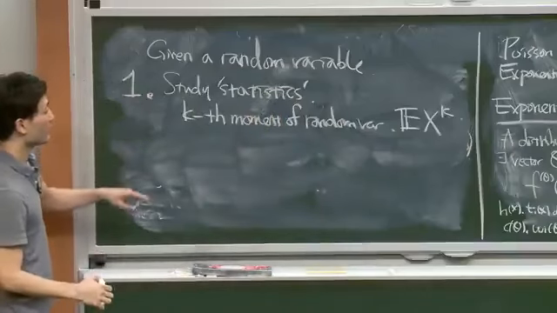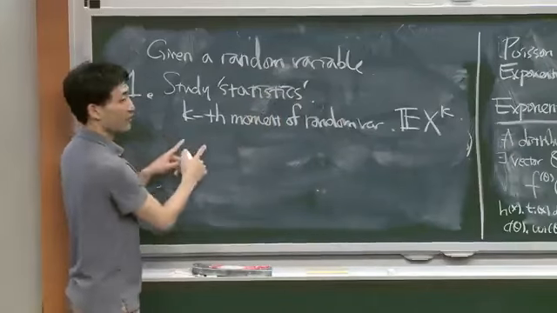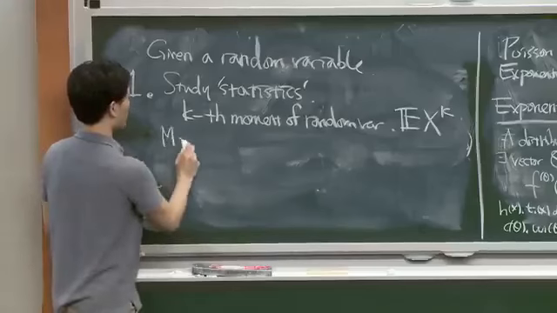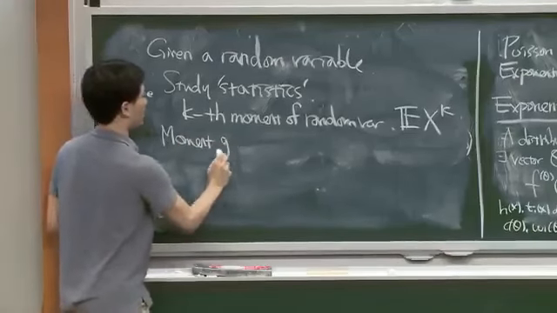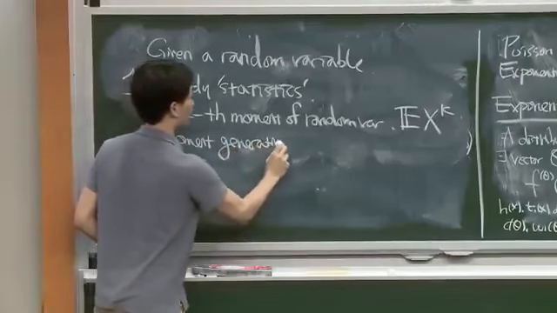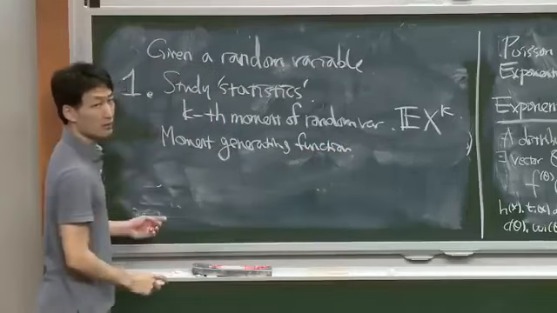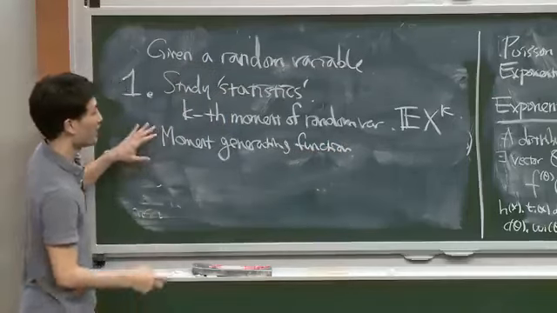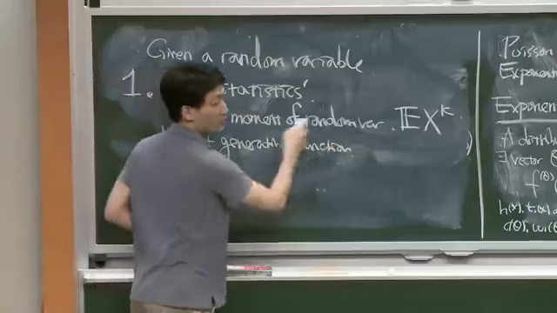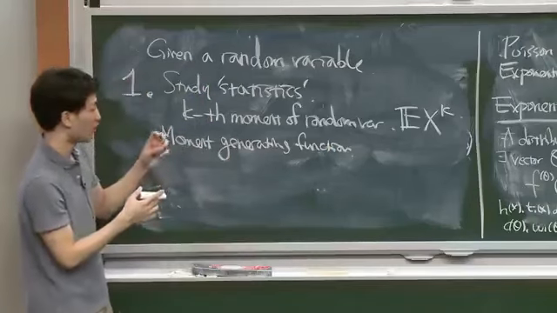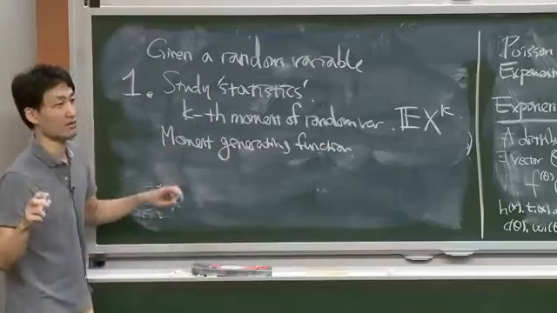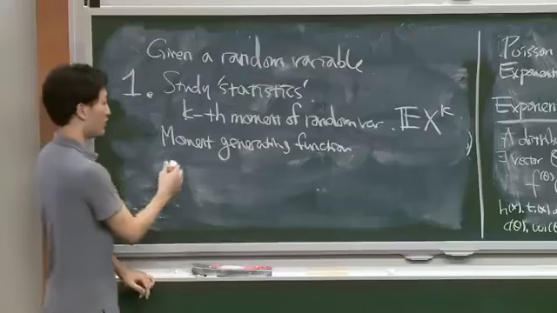And a good way to study all the moments together in one function is the moment generating function. So this moment generating function encodes all the k-th moments of a random variable. So it contains all the statistical information of a random variable.